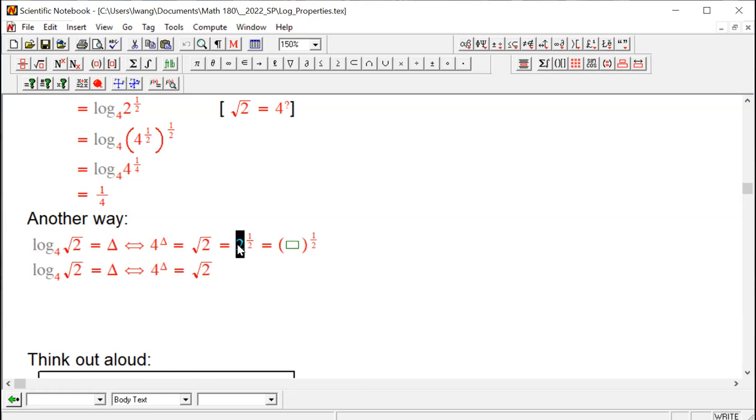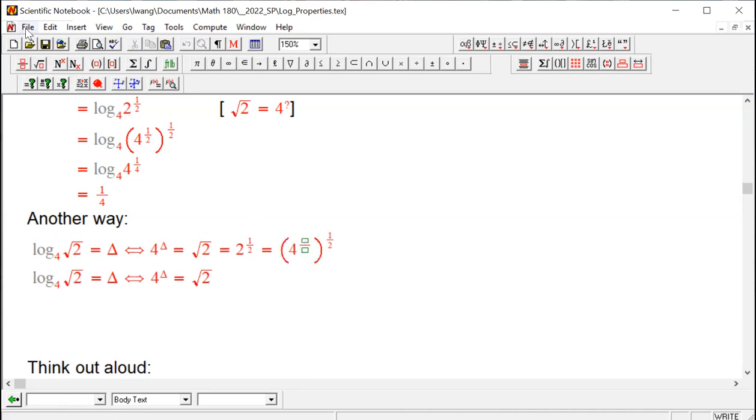The 2 inside we make 4 to the power of half, since the square root of 4 is 2. So you still get 4 raised to the power of a quarter, multiplying half with half.